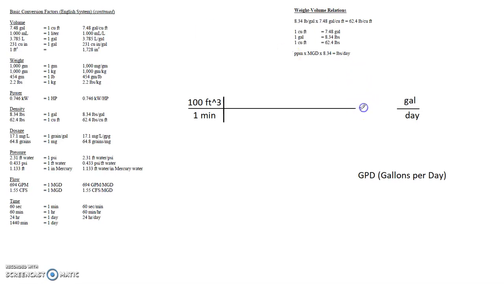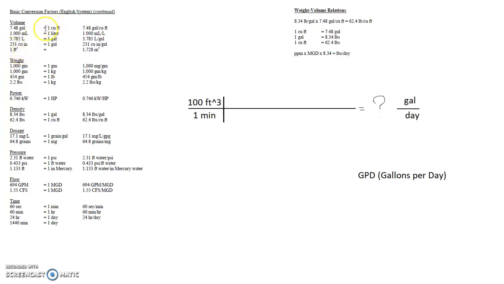So we say equals, we don't quite know how many gallons per day. All right, no problem. So we can choose one of these to convert. We want to get into gallons as our unit of volume. So we have cubic feet. Now let's see what we can do.